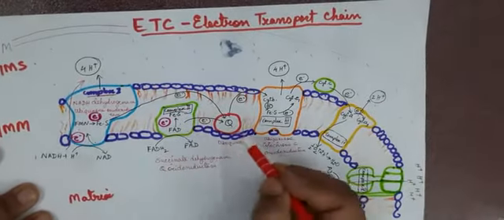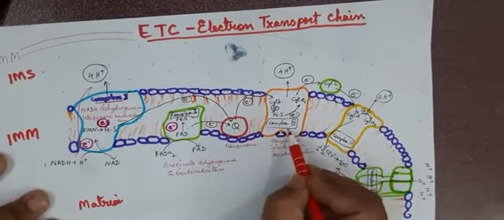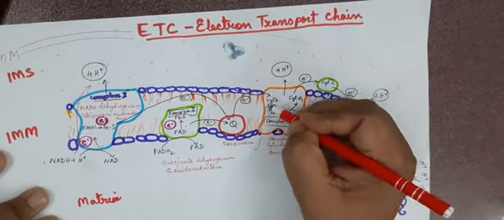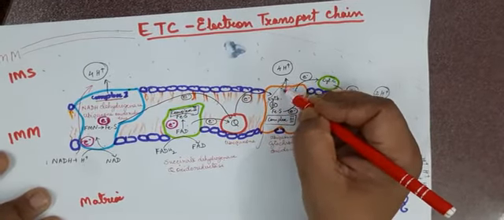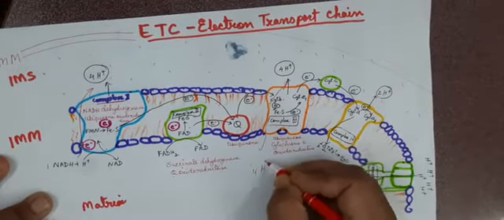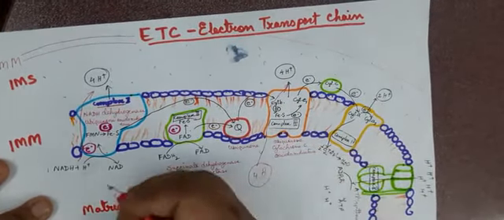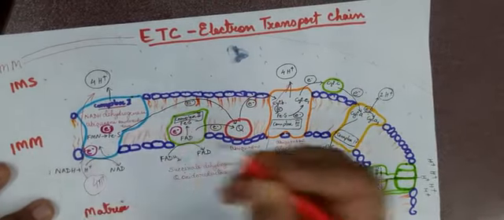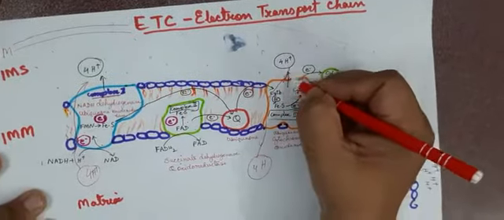Then these electrons, when they are carried to the third complex, again here also 4 hydrogen ions are being carried from the matrix to the inner mitochondrial space.